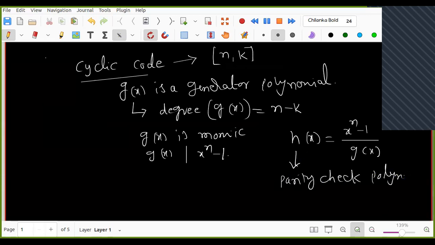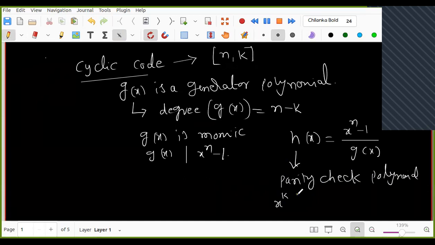And further what we studied, yeah, so this x power k into h of 1 by x, right? Why x power k? Because the degree of g of x is n minus k, so the degree of h of x is going to be k.